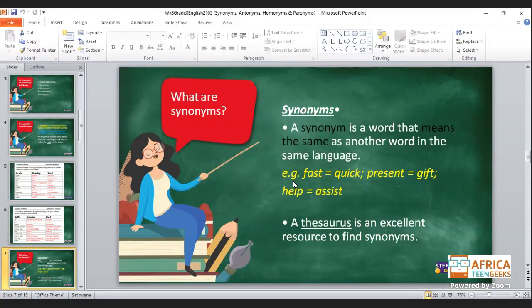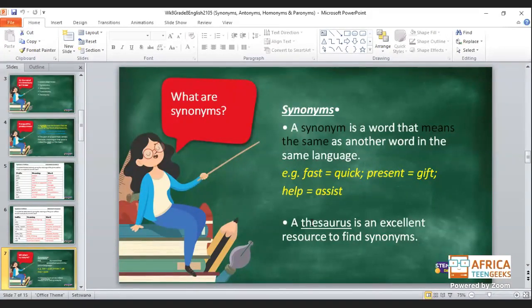Right, then if you want to get more synonyms, you can use a thesaurus. A thesaurus is a book like a dictionary where you can get synonyms. And remember, we said the difference between a thesaurus and a dictionary is that in a dictionary you find the word and the dictionary will give you the meaning or the definition of that word.